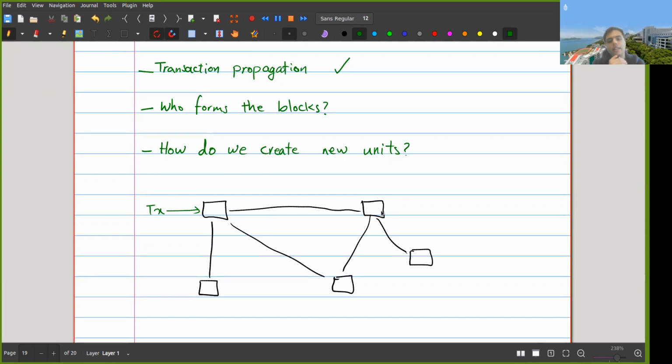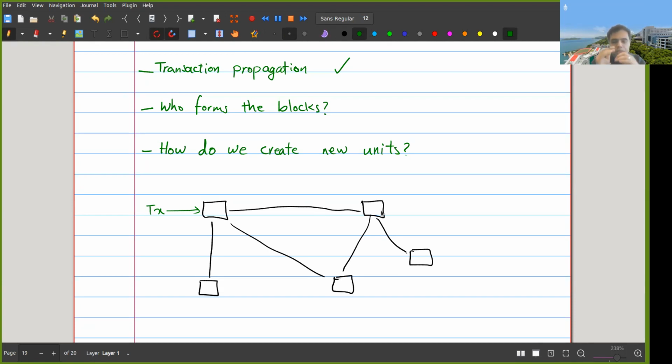Because if I am, let's say, a Bitcoin node and someone gives me a transaction, this person can be a normal person or it can be another node. I have to, at the very least, check that the signatures on this transaction are correct, right? And the transaction is well formed and so on. Because otherwise, I'm just wasting networking resources if I propagate a transaction that is incorrect or invalid.